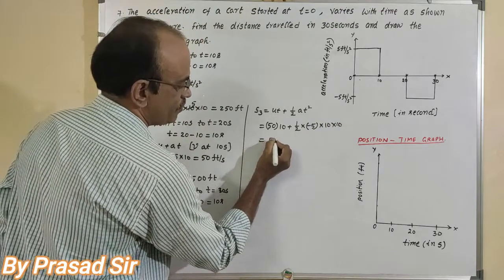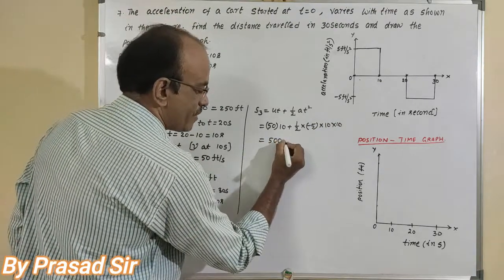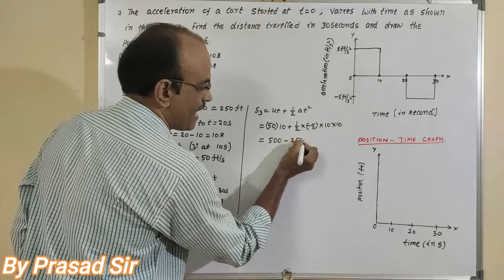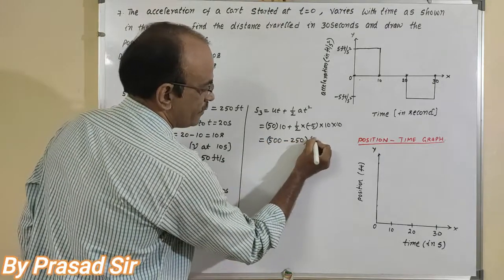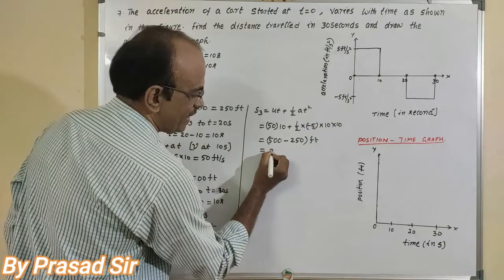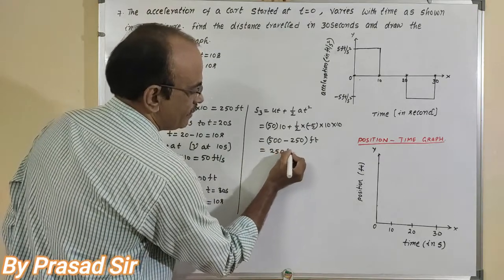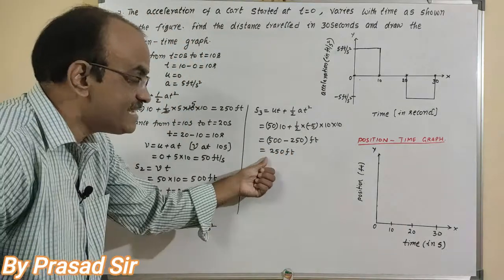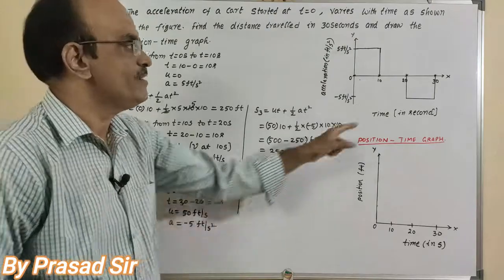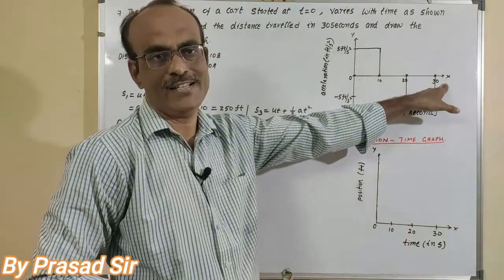So it is equal to 500 minus 250, which is 250 feet. That is the distance we get from 20 to 30 seconds.